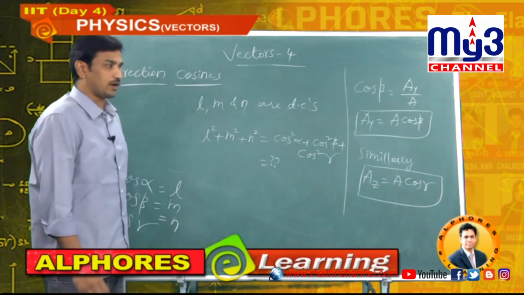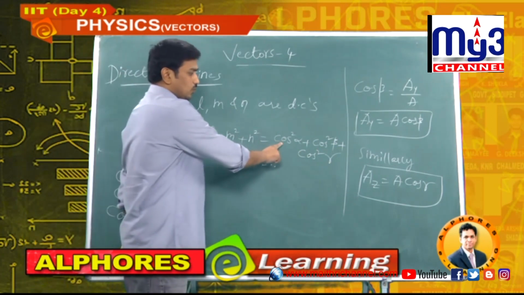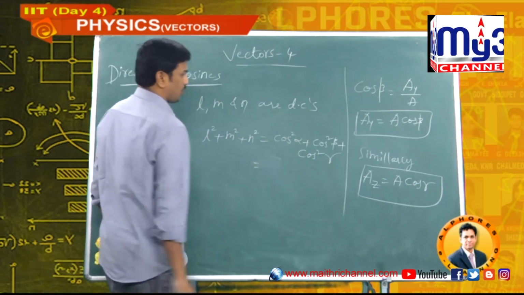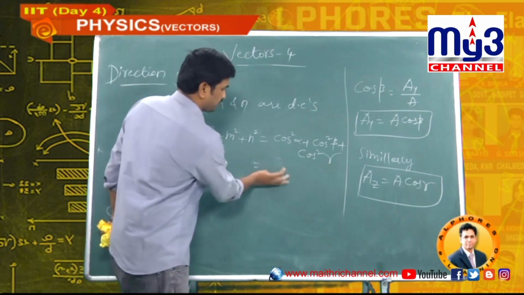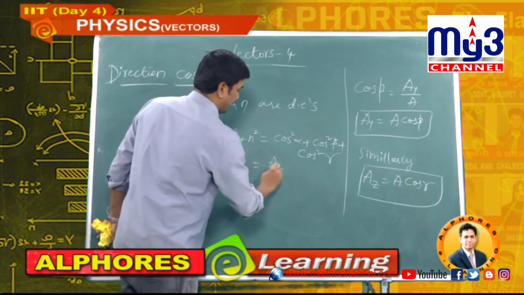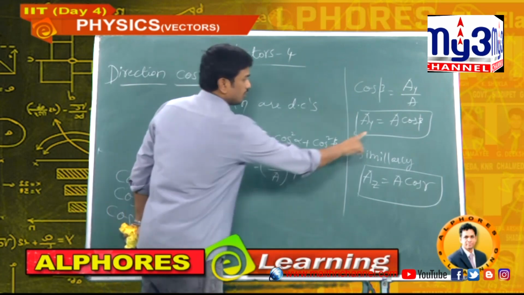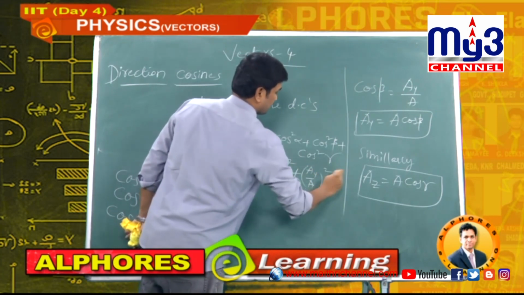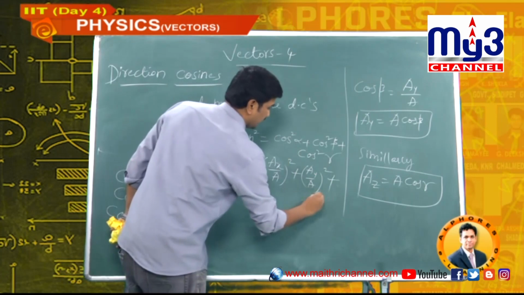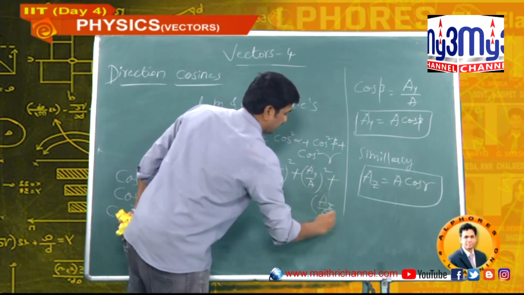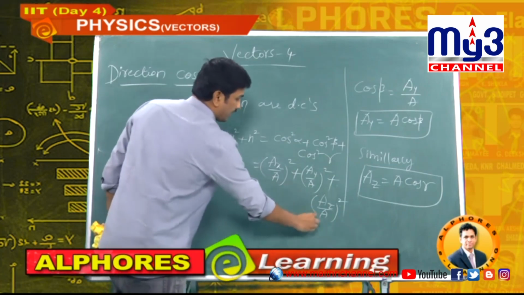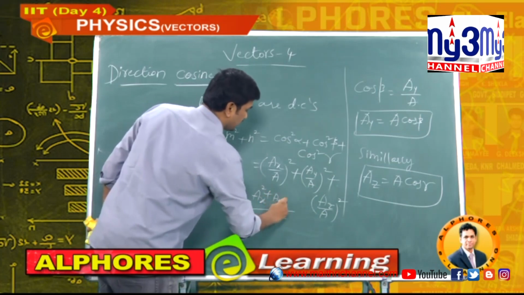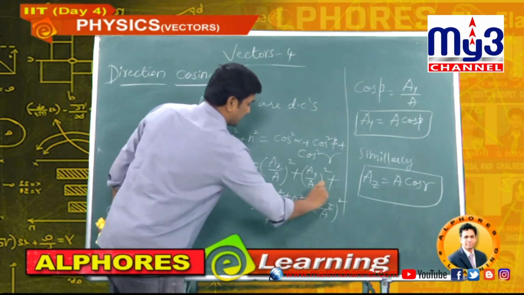Just now we have calculated: cos alpha is ax by a, cos beta is ay by a, cos gamma is az by a. Now with a square as the common denominator, the numerator is ax square plus ay square plus az square.